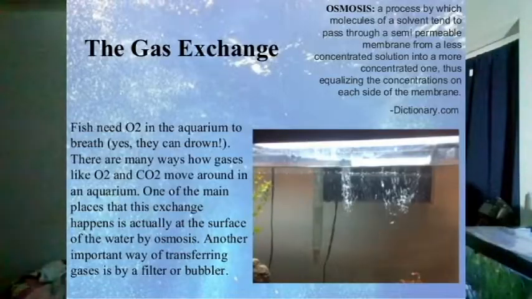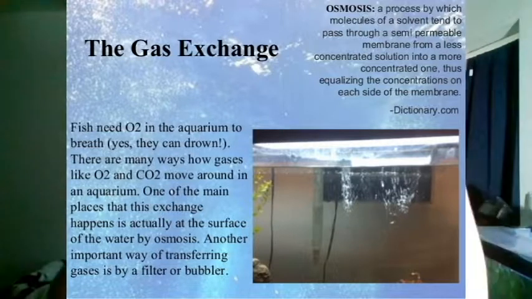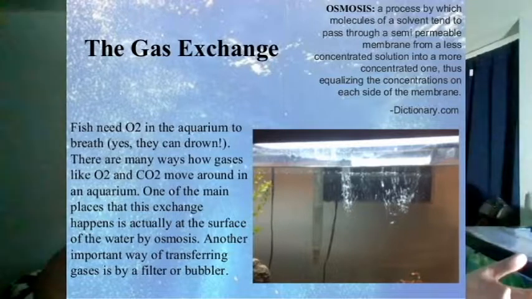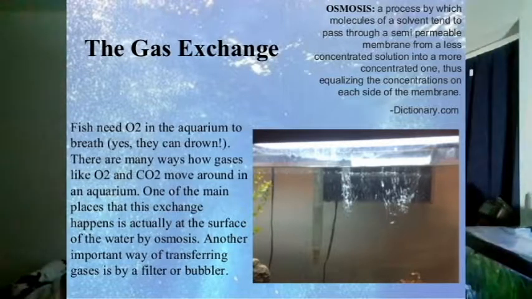You can actually drown your fish underwater if the water doesn't have oxygen in it. And I know what you guys are gonna say: well, water is oxygen and hydrogen, so it's always gonna have oxygen. That's not what I'm talking about. I'm talking about the air that is actually in the water that the fish are breathing.